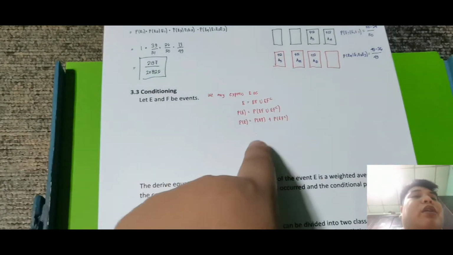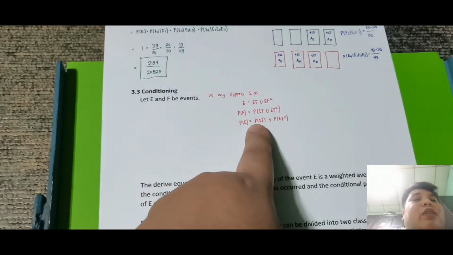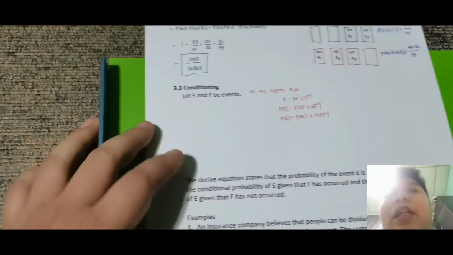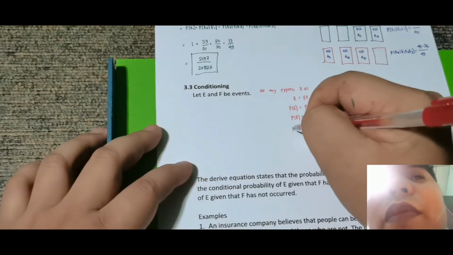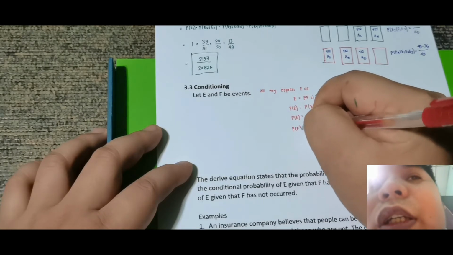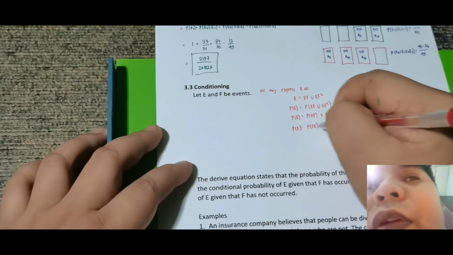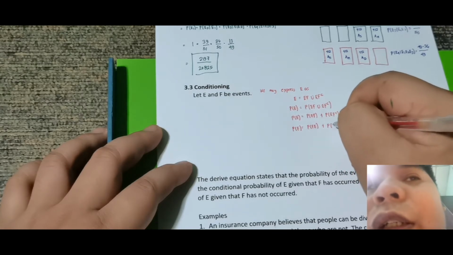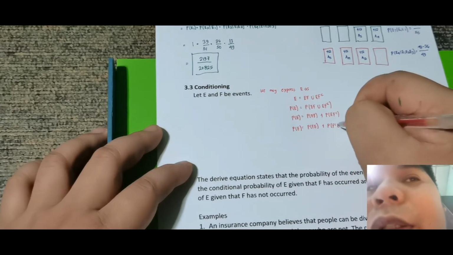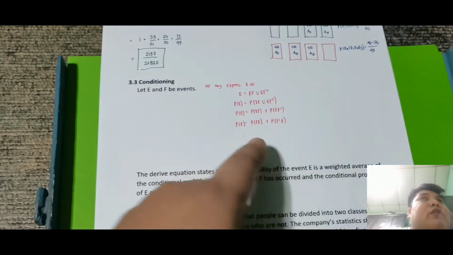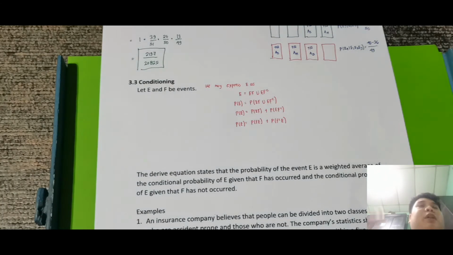Okay, now, magkakaroon ako dito ng konting commutativity. So, yung EF gagawin kong FE, yung EF complement gagawin kong F complement E. So, this is equal sa probability of E is equal sa probability of FE plus probability ng F complement E. Now, since ito ay intersection, i-apply ko yung multiplication rule.